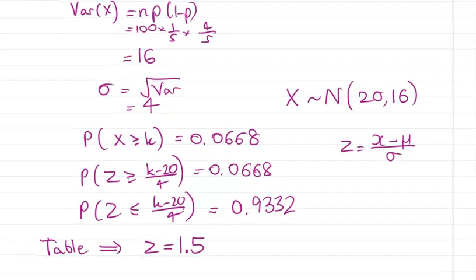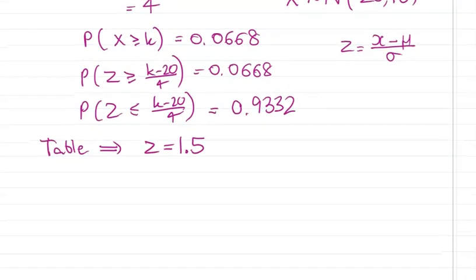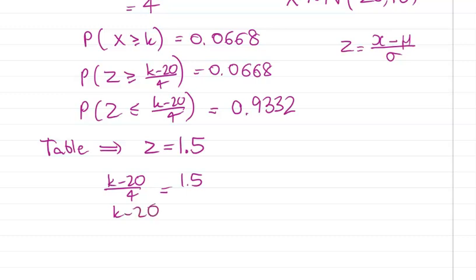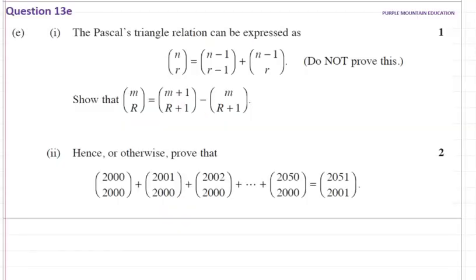So now I simply need to consider that k minus 20 on 4 equals 1.5. k minus 20 is 4 times 1.5. I get k equals 26, and that's my answer.